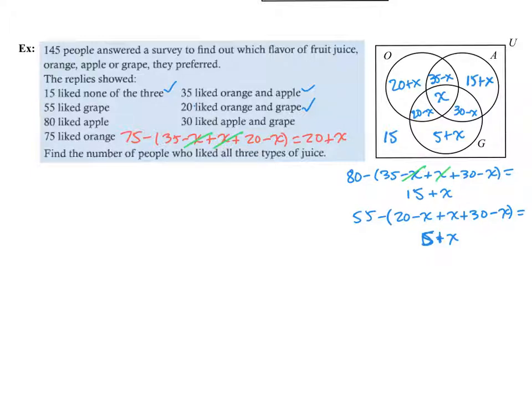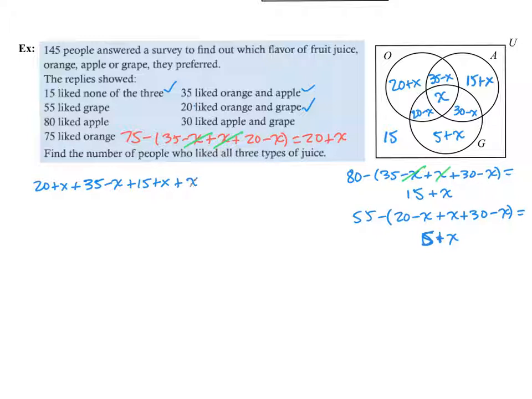We're going to take 20 plus x plus 35 minus x plus 15 plus x plus x. Oops, that should be a plus sign. Sorry about that. All I'm doing is adding everything up in that Venn diagram.